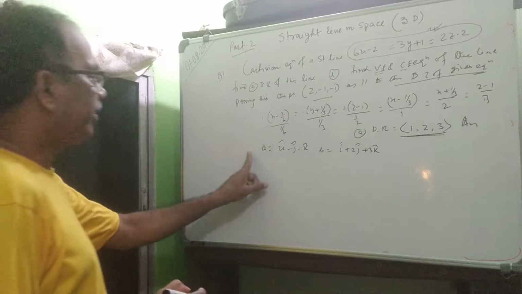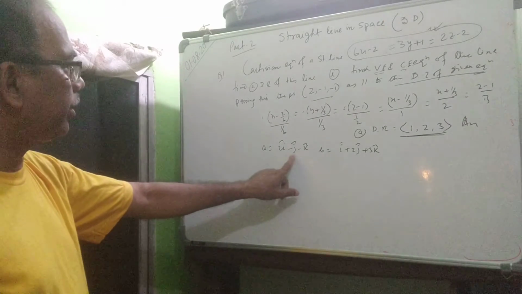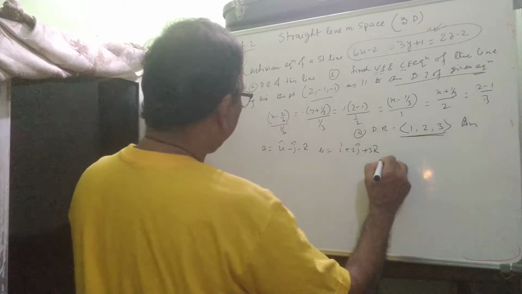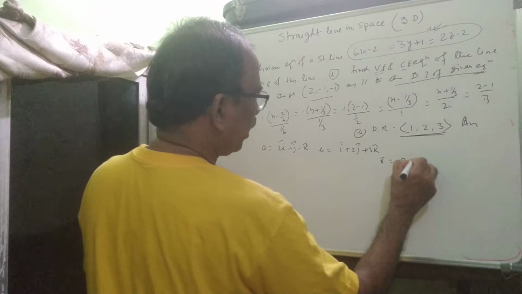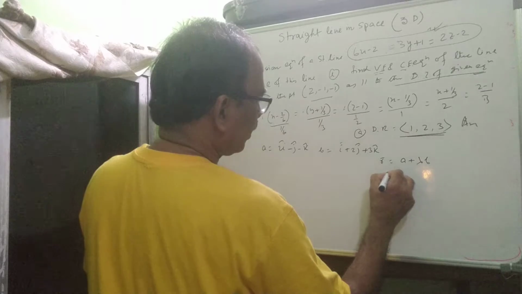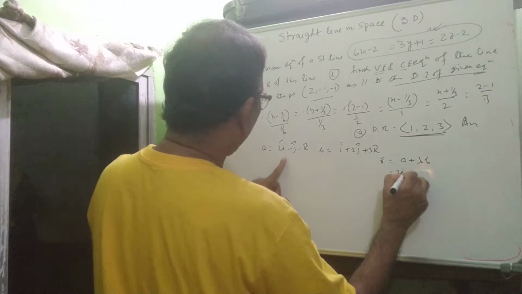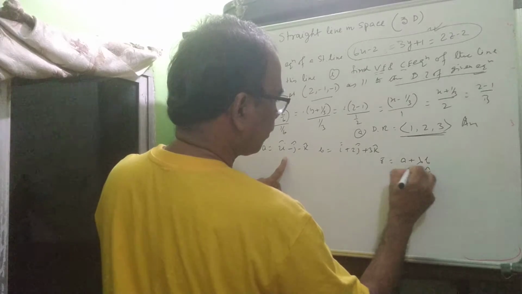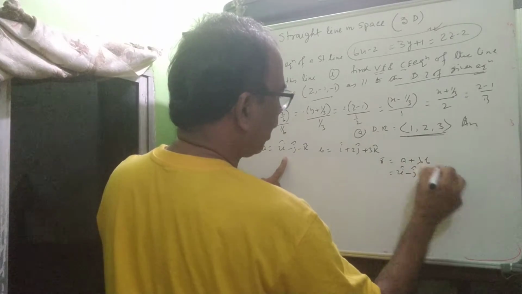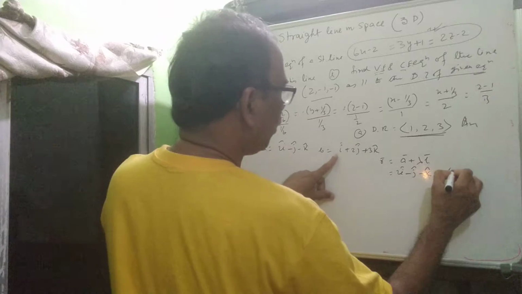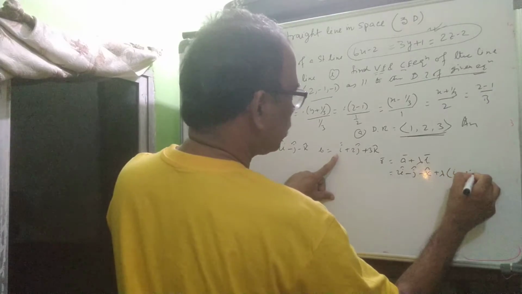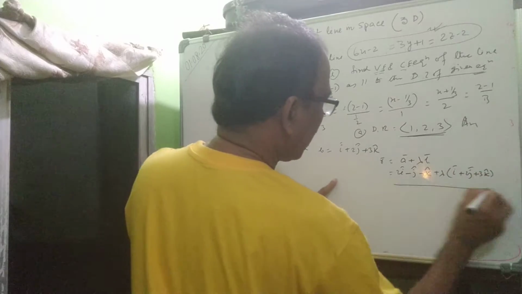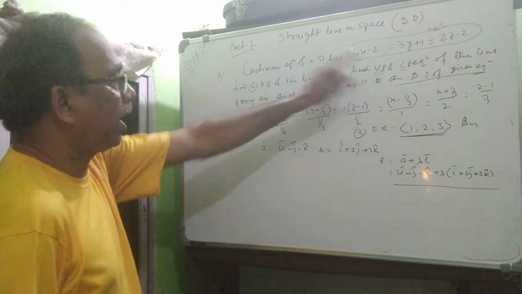We know the vector equation of the line passing through the point A and parallel to B is R equals A plus lambda B. That is, A is 2i minus j minus k plus lambda, B value is i plus 2j plus 3k. That is the answer, the vector equation of the line.